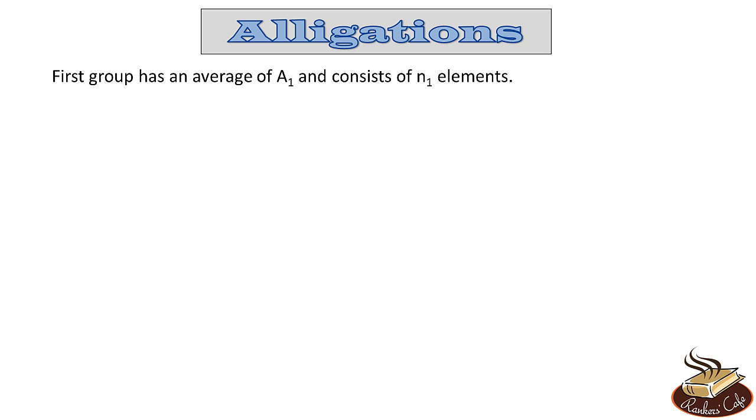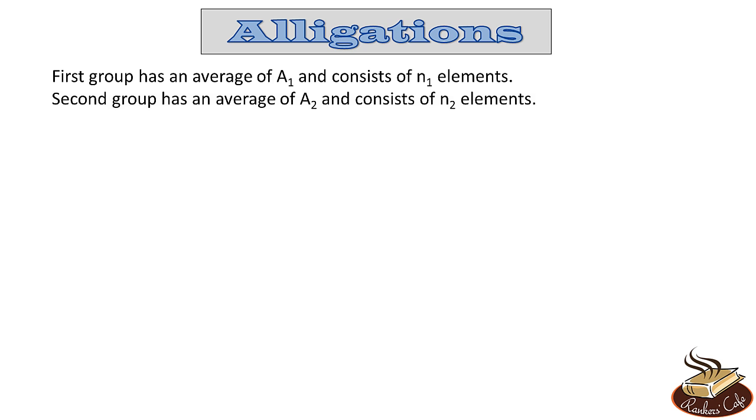In our concept of weighted average, say we have only two groups, the first with an average of A1 consisting of N1 elements and the second with an average of A2 consisting of N2 elements. Then the average AW is equal to N1A1 plus N2A2 divided by N1 plus N2.